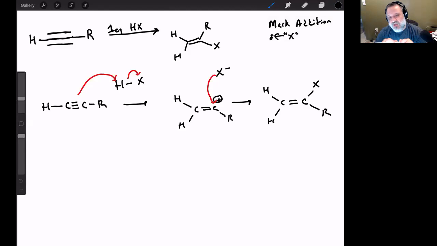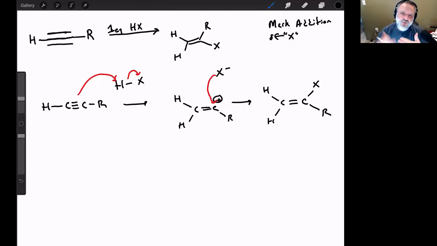So what you're saying is that we should see HX addition proceed much more slowly than we would anticipate. In fact, it doesn't proceed that much more slowly at all. And so that's one of the indications that makes us think, hey, maybe this really isn't the mechanism that's in play here.